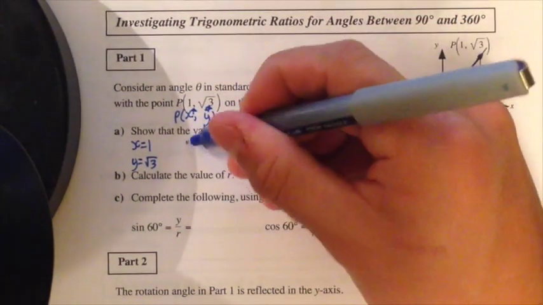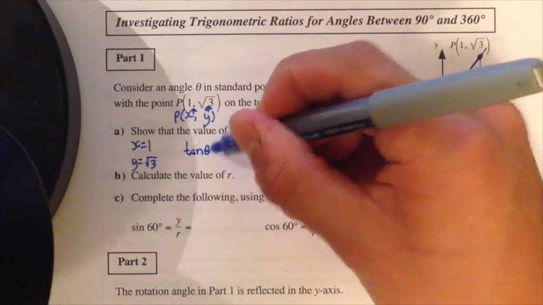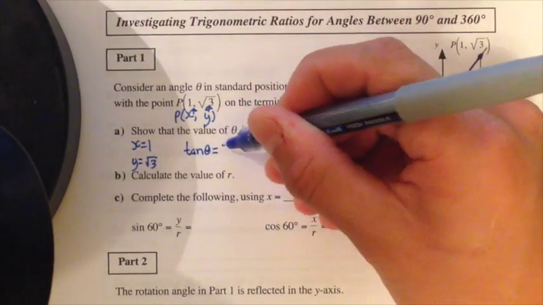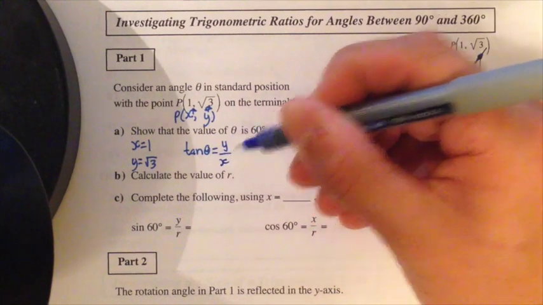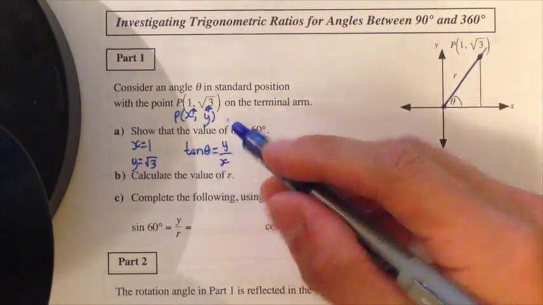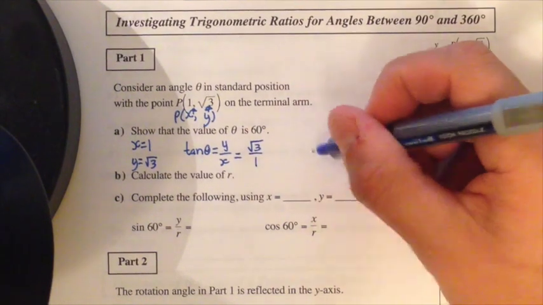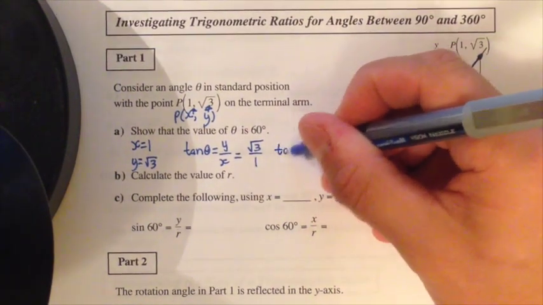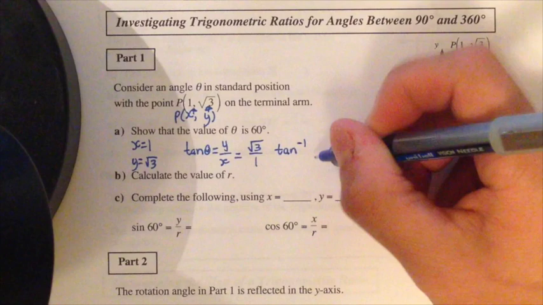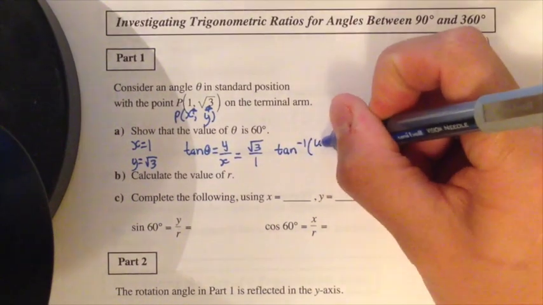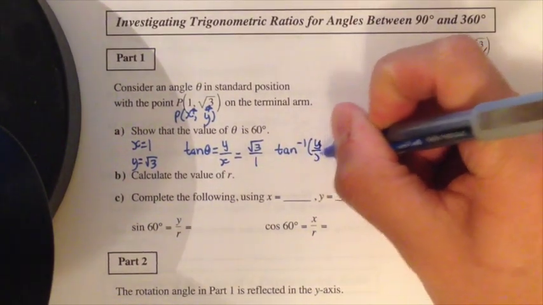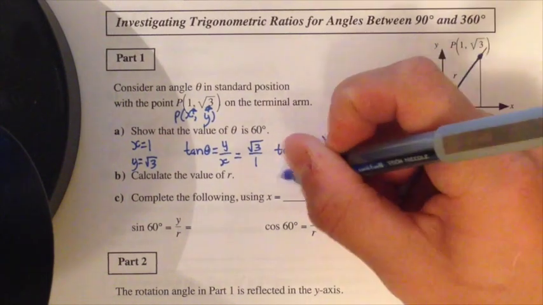So I know that my tan ratio is going to be equal to y over x, and since I'm looking for theta, I'm going to have to set it up in my calculator like this: theta equals inverse tan of y over x.